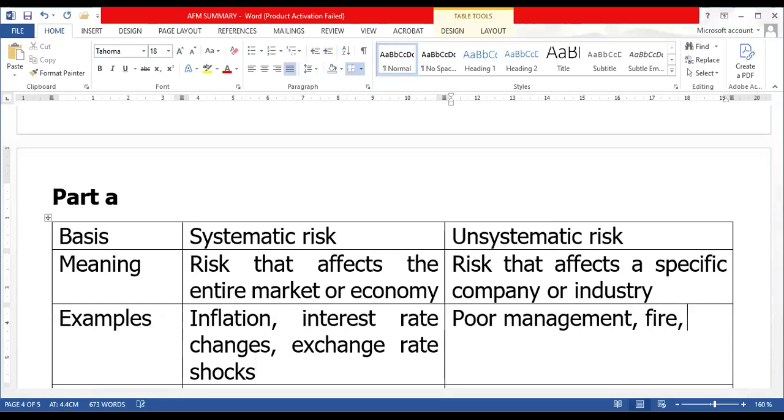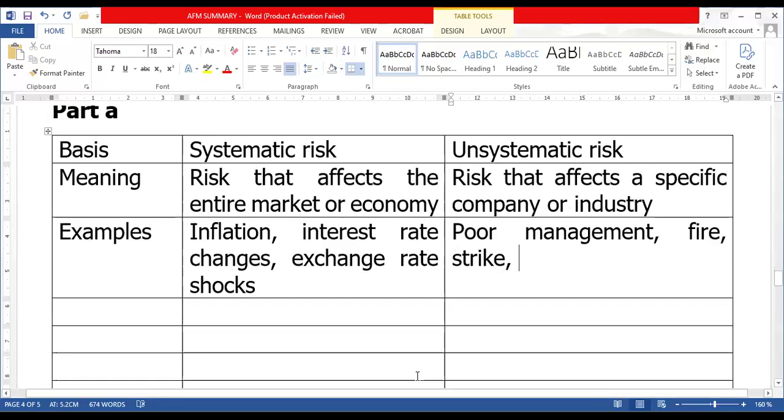It could be as a result of a strike, or disruptions in one of your machinery, among others. So that is about unsystematic risk.